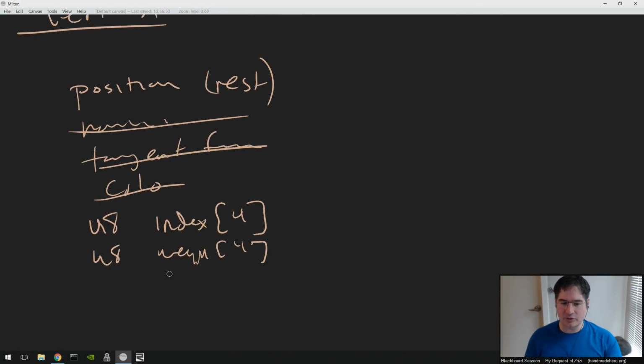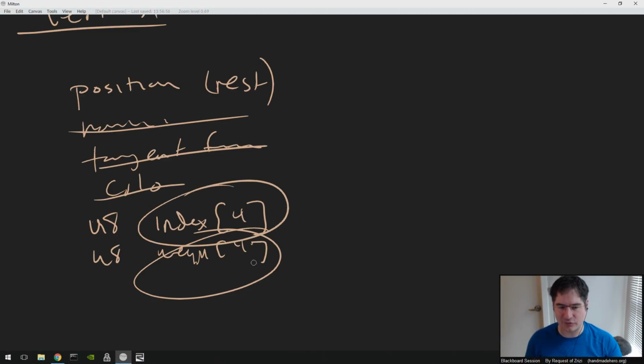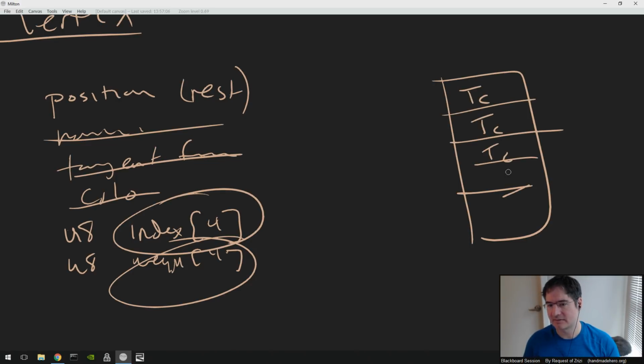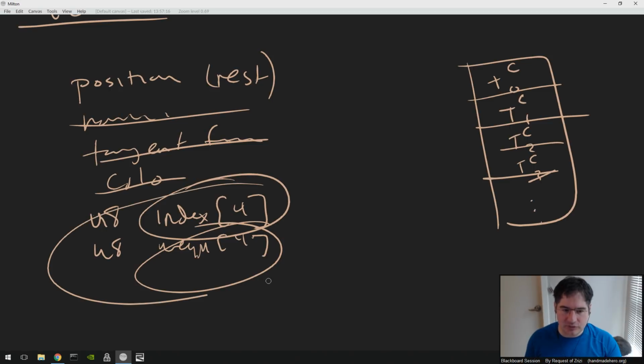And so then what we do is we use these 4 weights and these 4 indices to pull out which bones we want. So we have a constant store in our vertex shader that has the TCs in it, right? I keep writing it wrong. Right? And we just use these vertex indices.